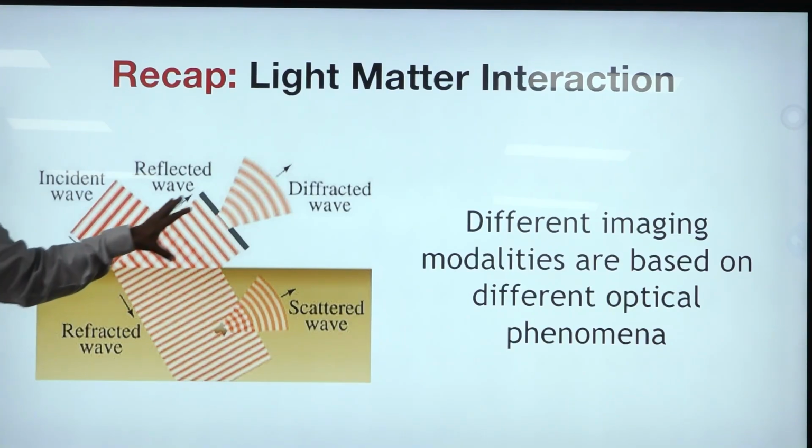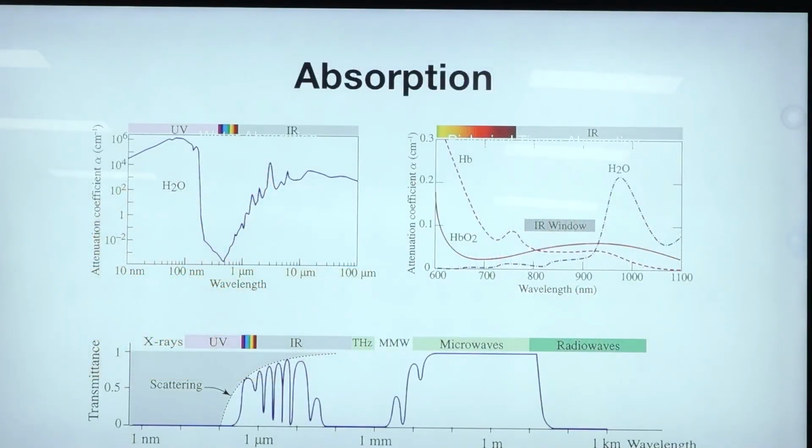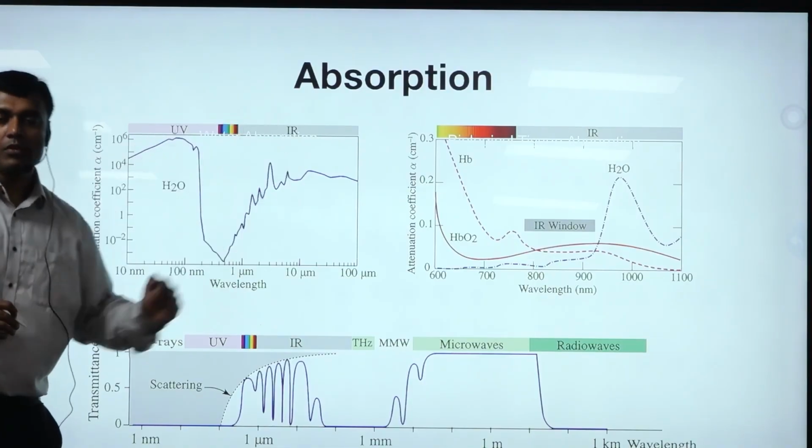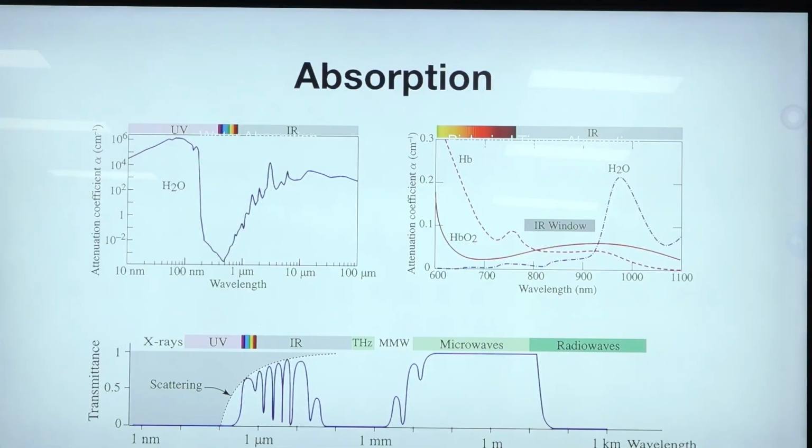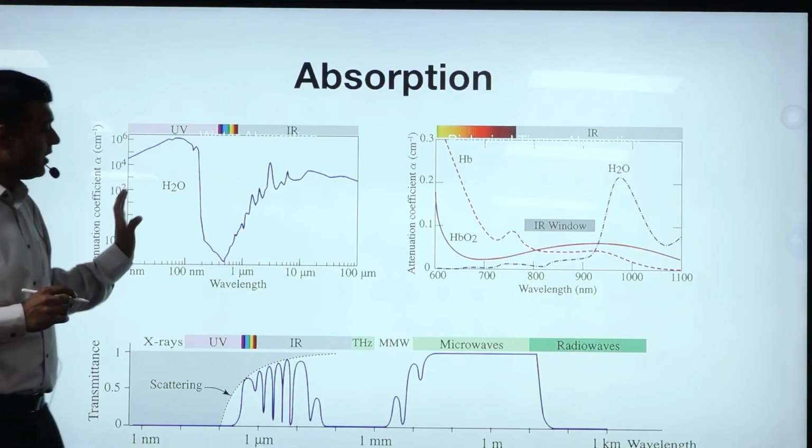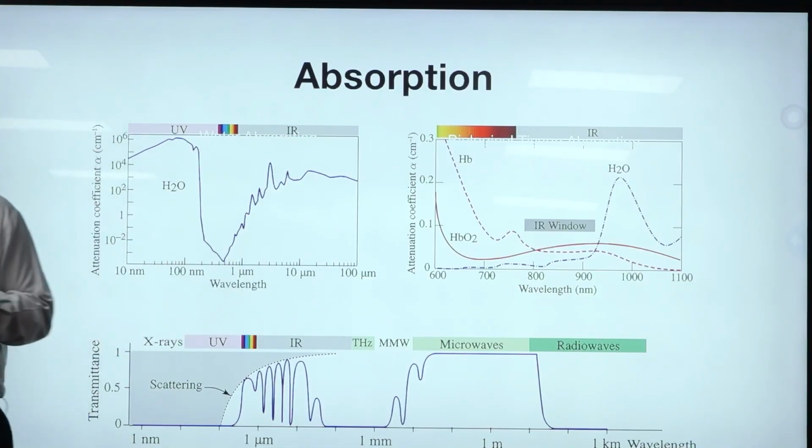Each of them uses one or a combination of these phenomena. What we will discuss today is some devices that use absorption as the mechanism for contrast, and specifically, not just absorption at one wavelength, but a range of wavelengths.